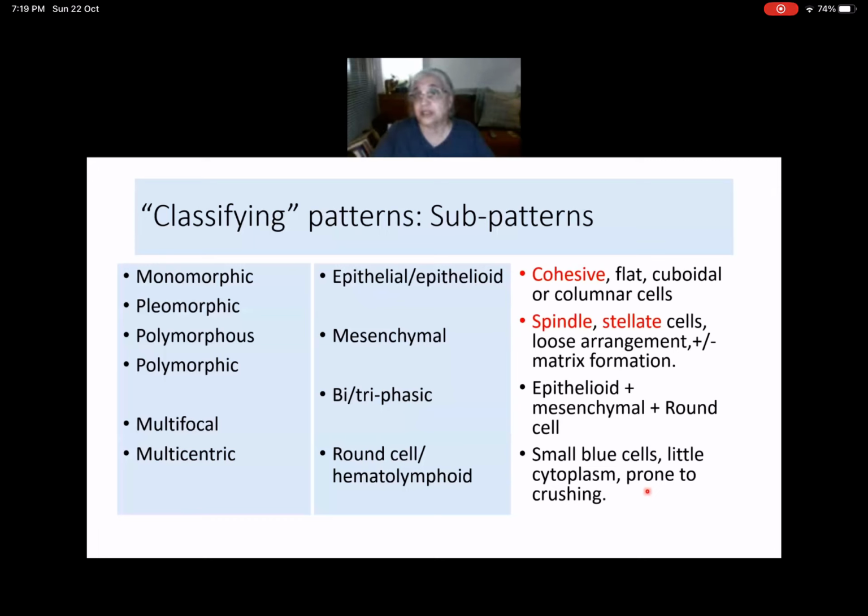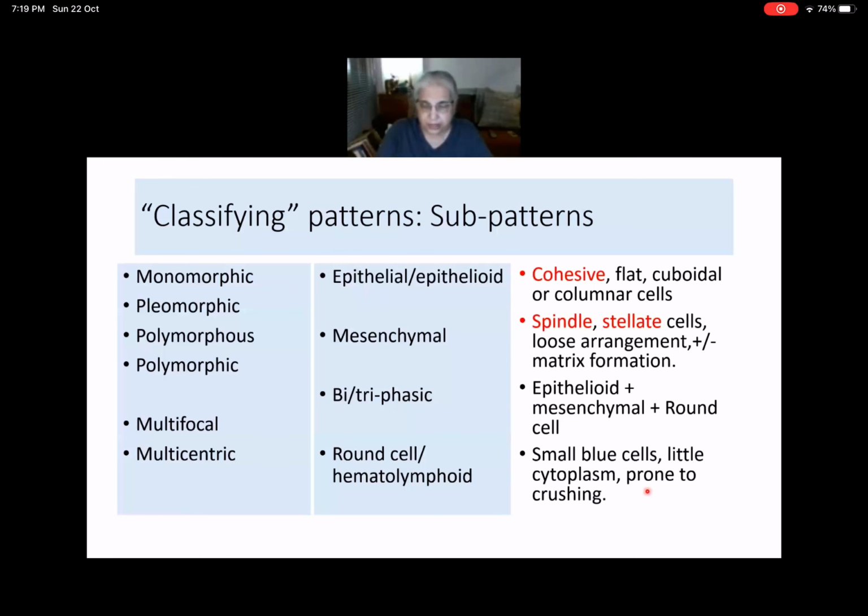So if you don't have cytoplasm, you don't have cytoskeleton, and therefore these things crush very easily. And that's a pattern that you recognize. You see crushing and you see these small blue cells, then you know that this is either lymphoid or neuroblastoma or Ewing's or some other tumor which has got very little cytoplasm.